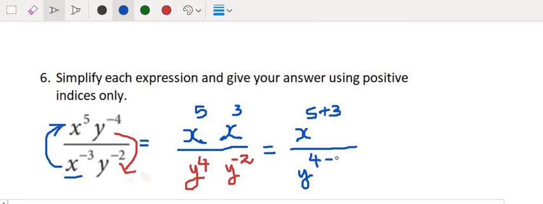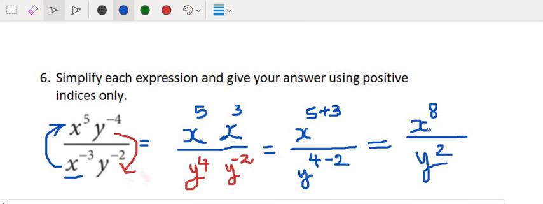So plus into minus is minus, so we get 4 minus 2 here. That is equal to x power 8 divided by y power 2. So that's the answer. Hope you enjoyed the session. Thank you.